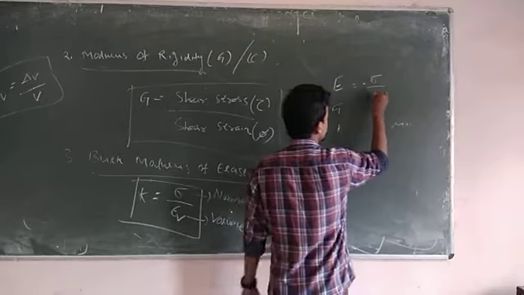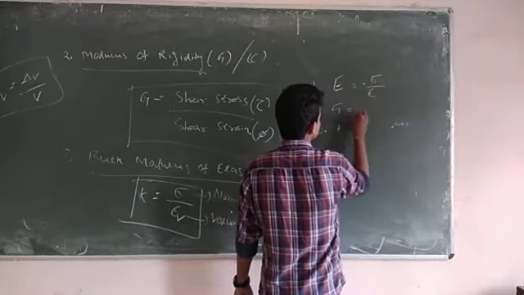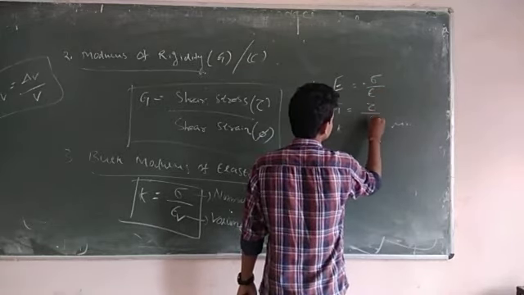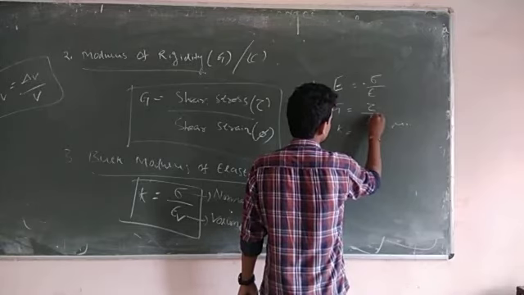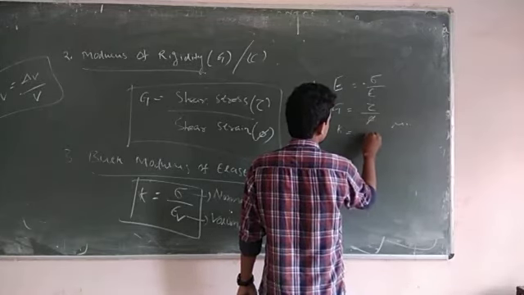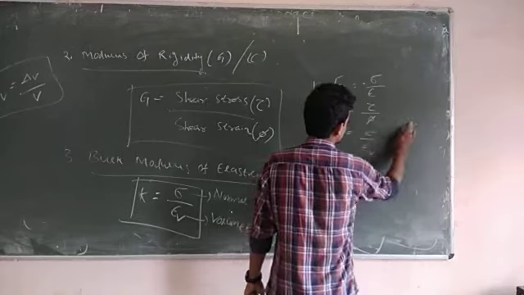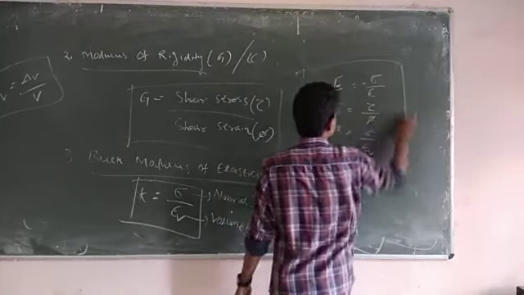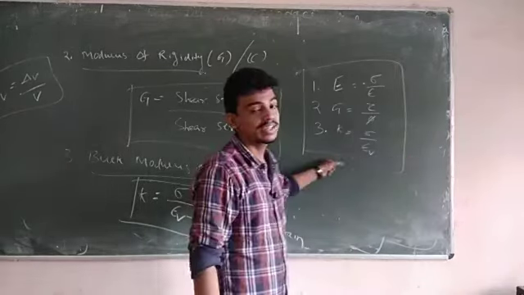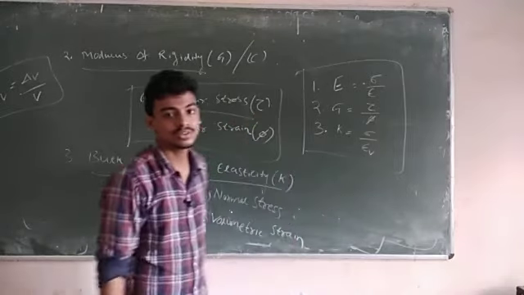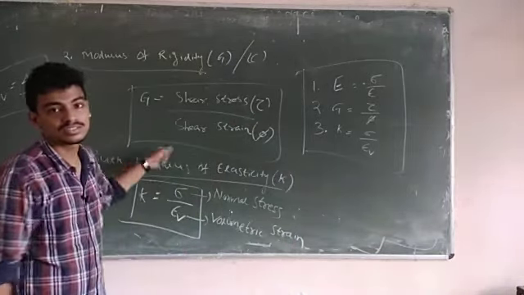Modulus of elasticity means normal stress to normal strain, G means shear stress to shear strain, K means normal stress to volumetric strain. Remember this by heart, this is much more important. Don't forget these things.